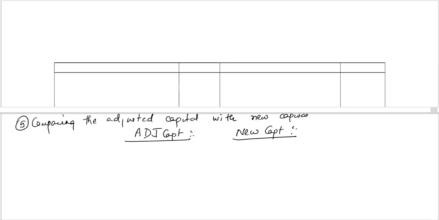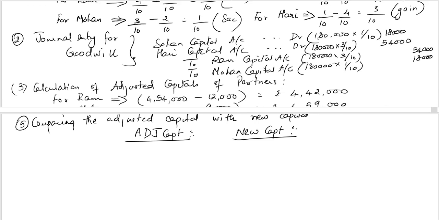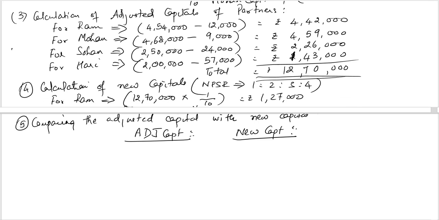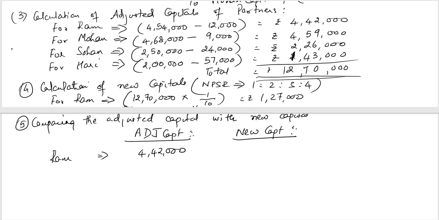I'll scroll down the top screen to get the adjusted capitals for each of them. Ram, adjusted capital 4,42,000. Mohan, 4,59,000 rupees. Sohan, 2,26,000 rupees. And for Hari, it's 1,43,000 rupees.